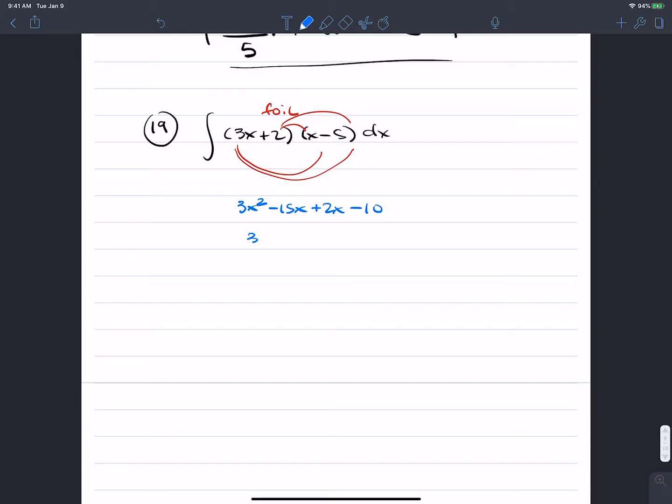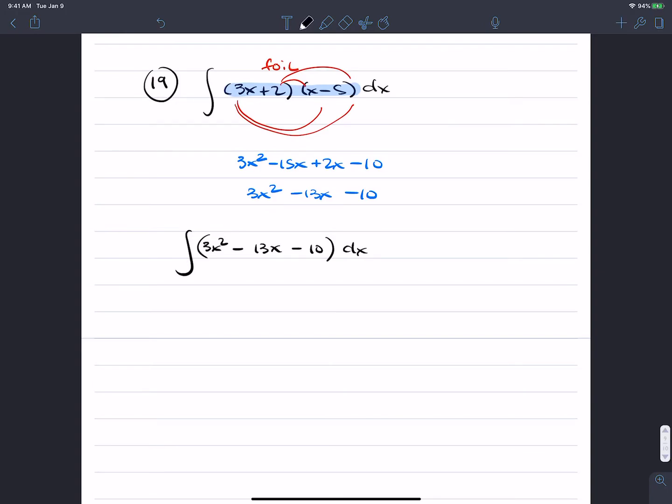We combine our like terms, 3x squared minus 13x minus 10. So this is what we get here when we use FOIL. And now we're going to integrate. We have 3x squared minus 13x minus 10.